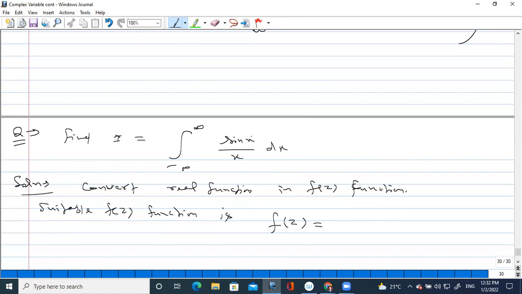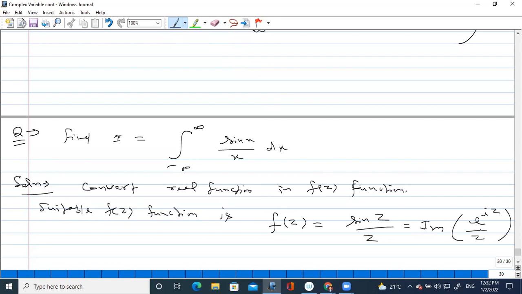Suitable f(z) function: whatever x is there, in place of that write z, so it will be sin z by z. And as I told, sin z can be converted to e to the power iz. So it will be the imaginary part of e to the power iz divided by z. So this is my function here.